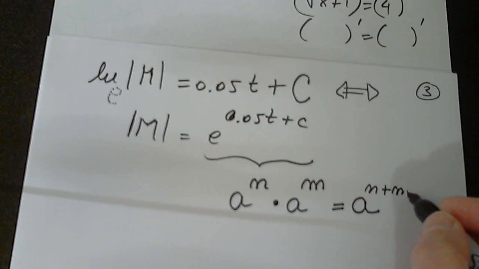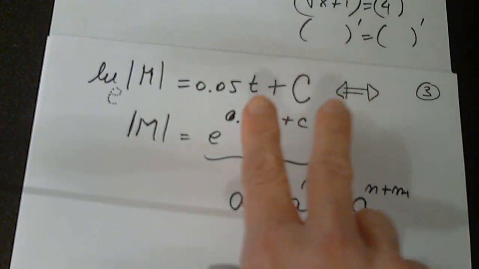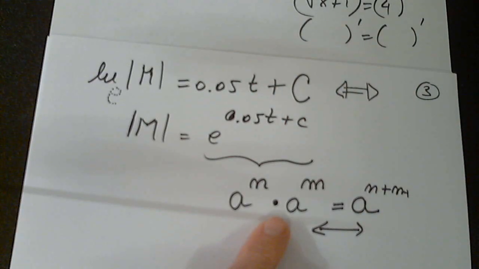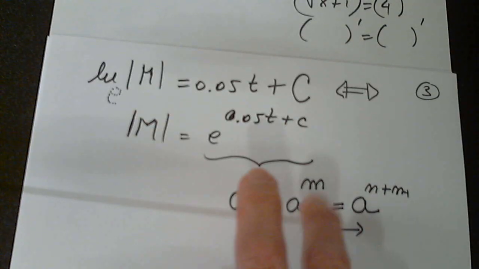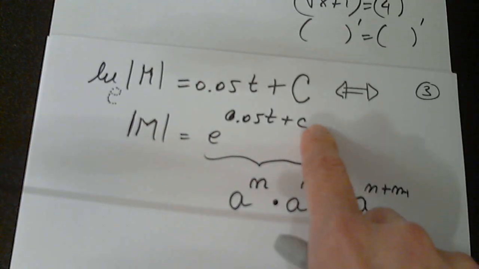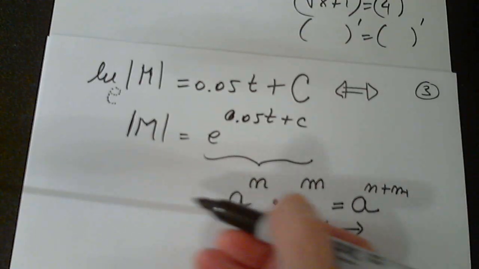N plus m. But remember, this relationship goes back and forth. If I have a base raised to a sum, I can split the sum into a product of two pieces, e to this power times e to this power, because it's a sum. So I can go backwards.